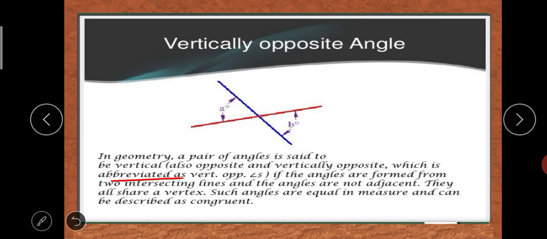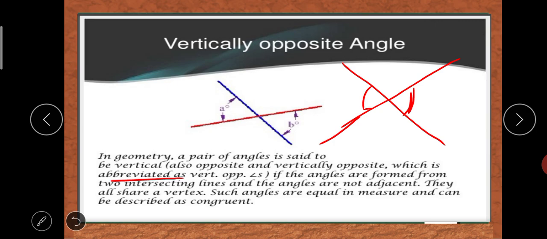In an easy way we can define vertical opposite angles: when two lines intersect each other and form angles, these two angles are opposite of each other and they are congruent.